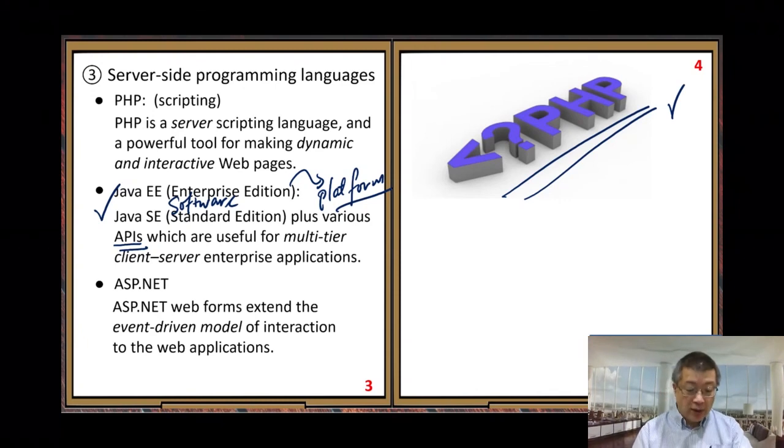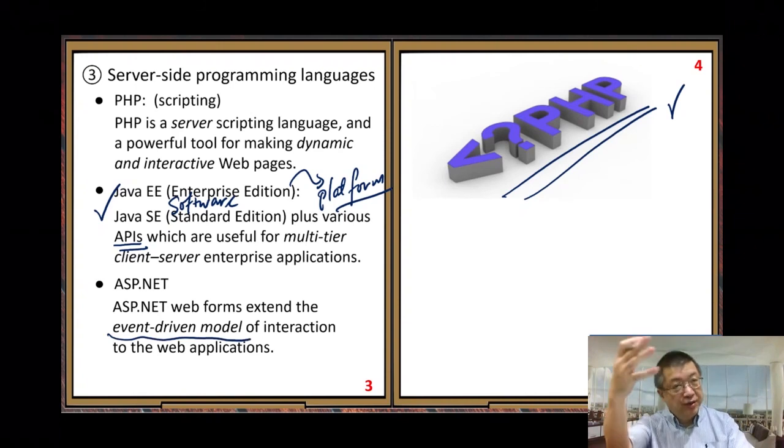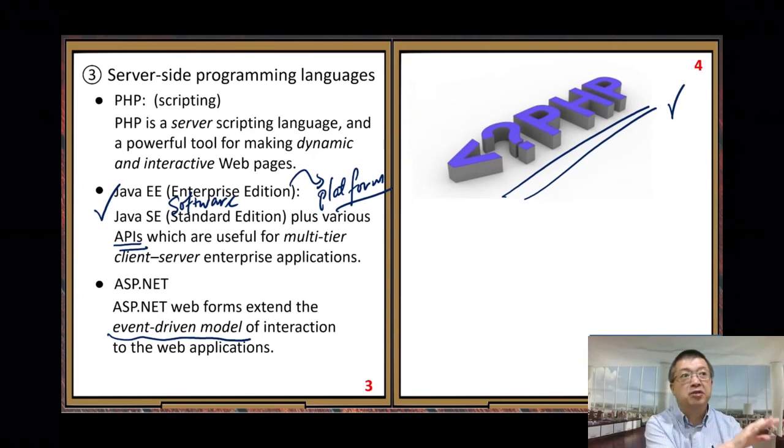It uses a different model. Here it uses the event-driven model. In the previous two programming languages, we didn't talk about event-driven, right? But this one is event-driven. The reason is simple: Microsoft technology is based on their desktop technology.